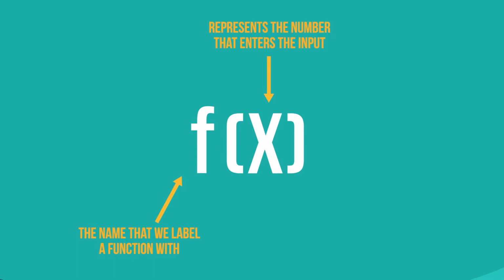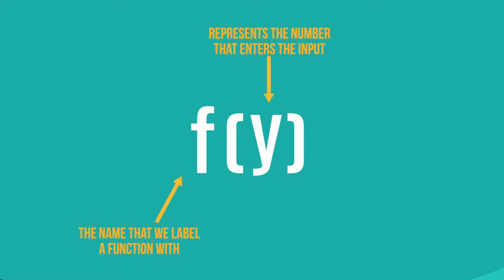This letter represents the number that enters the input. And just like the label of the function f, this letter can be anything you want. Although you'll usually come across the letters x, y, z, or t.